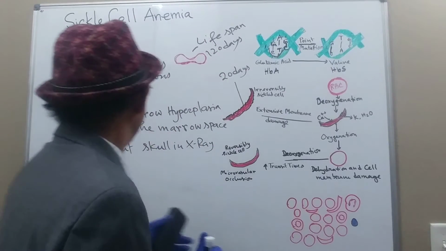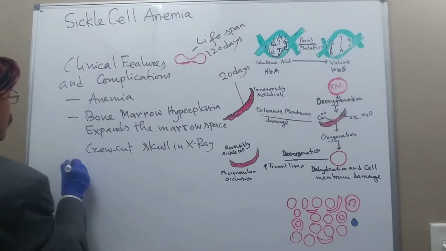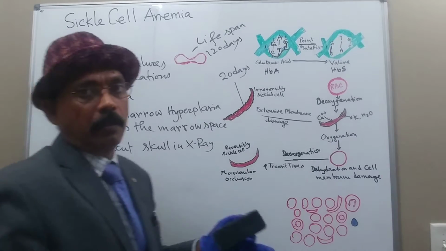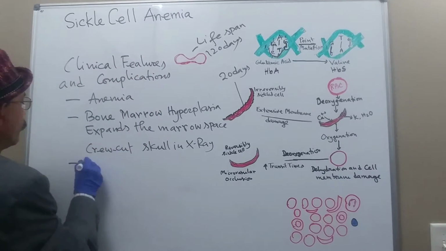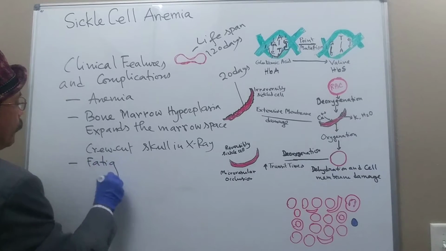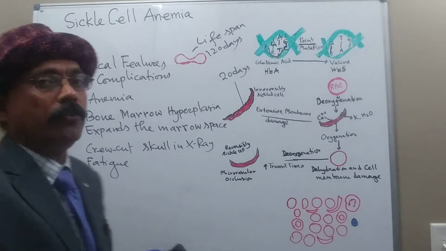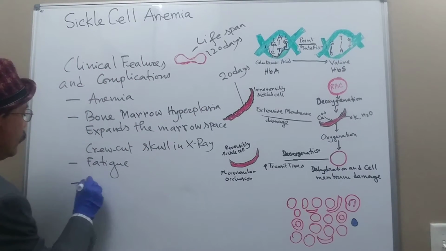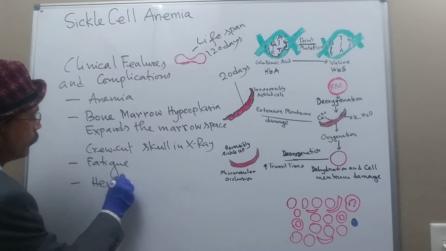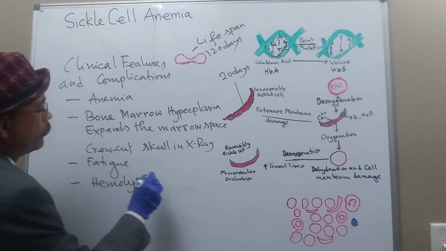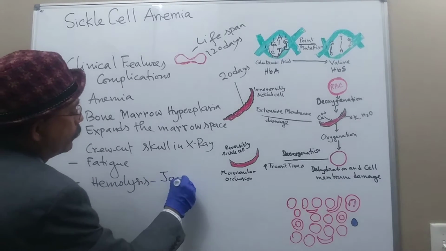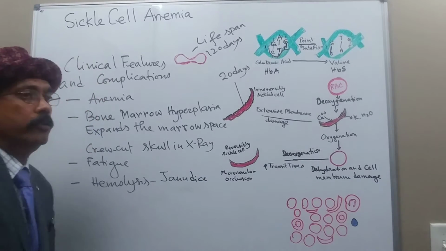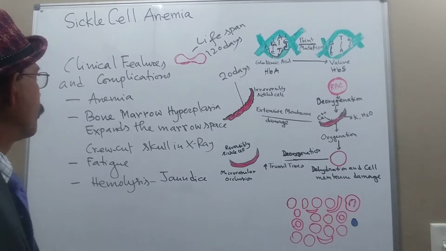Due to anemia, the person will be weak and fatigue very quickly. Because of hemolysis, there will be hyperbilirubinemia. Hemolysis will lead to jaundice because of excessive bilirubin, yellow coloration. Okay, that is the problem.